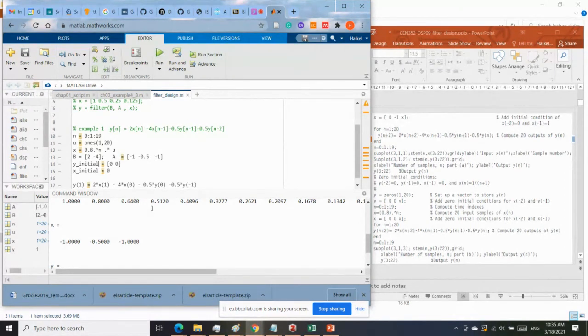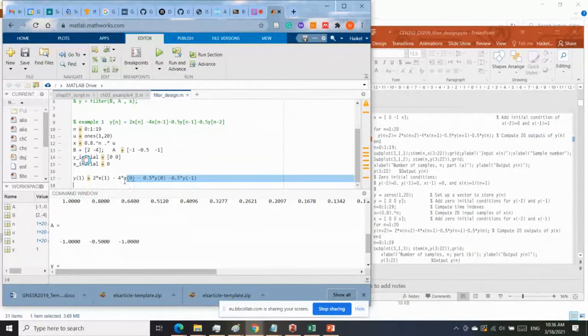Let's call it y initial, x initial. Okay, so here instead of writing x0 we're going to write x initial. And here instead of y0 we're going to write y initial.